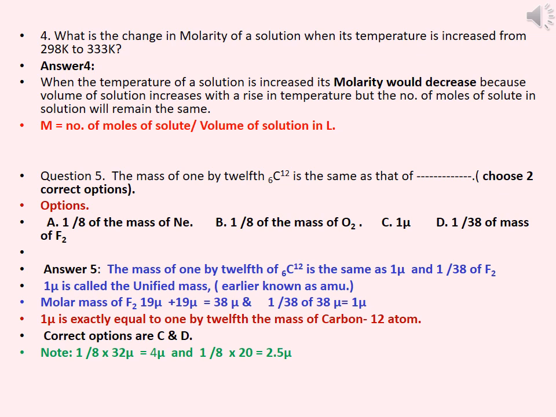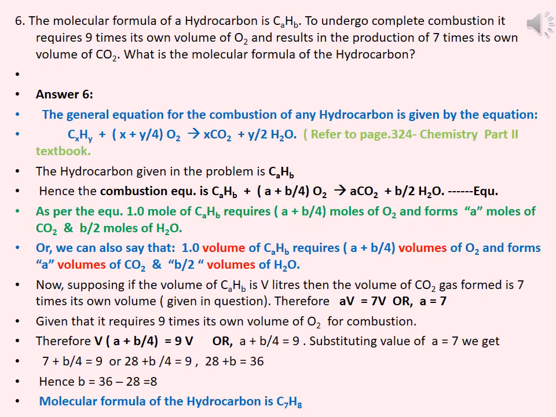Hence, 1 mu and 1/38th of the mass of a fluorine molecule will be exactly equal to 1/12th of the mass of 6 carbon 12. So the correct options are C and D.